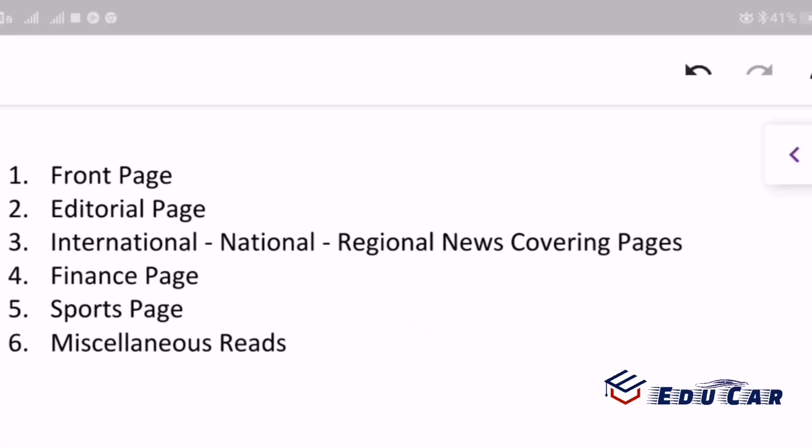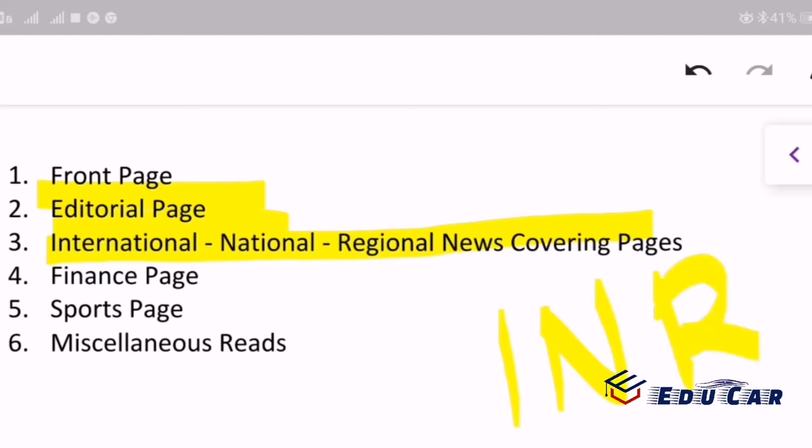And for that purpose, today I will be using The Hindu newspaper. First question is what to read in a newspaper and how to do it efficiently. For that, let's divide the newspaper into a few units such as the front page, the editorial page, the international, national and regional news covering pages, also we can call them INR pages, and the finance page, sports page and miscellaneous reads.